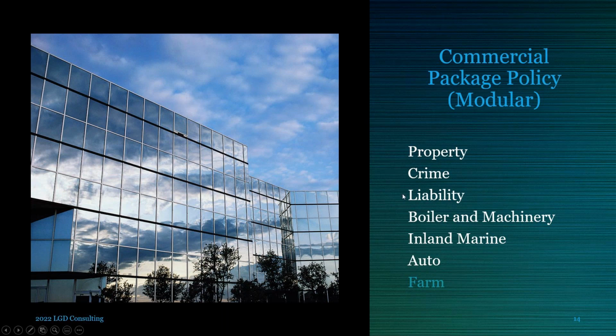Someone could slip and fall. Or someone could buy your product, take it home a couple of years later, and it malfunctions and injures them. That's the liability. Boiler machinery, maybe they have some generators, steam pipes, steam turbines. Inland marine is the same as a personal property floater, a personal article floater. It's covering high theft, high ticket items. And it's funny, it's called floaters or marine coverage, even though it has nothing to do with boats.